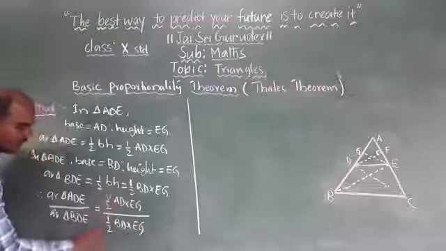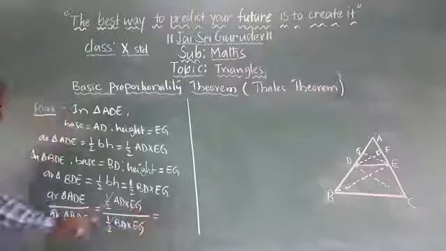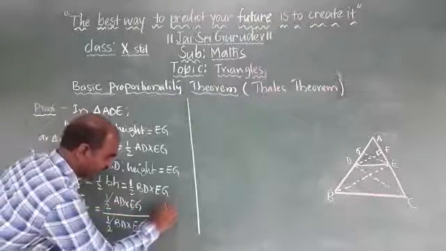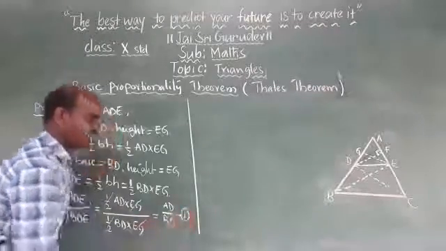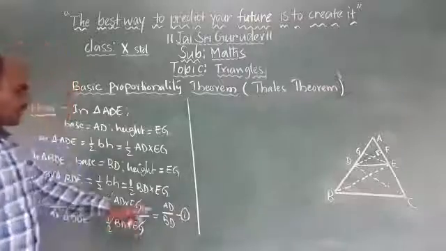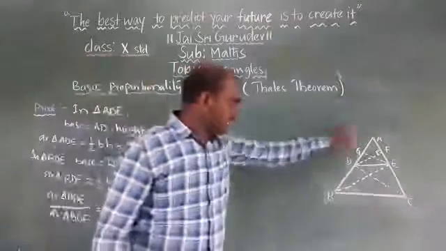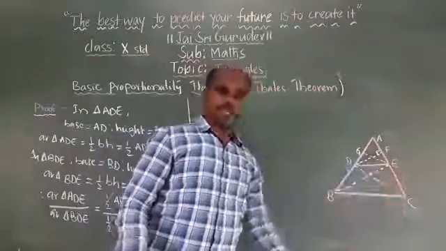Cancelling the common terms, what remains is AD by BD. Consider this as equation 1. Now we got AD by DB, as well as AE by EC is required.